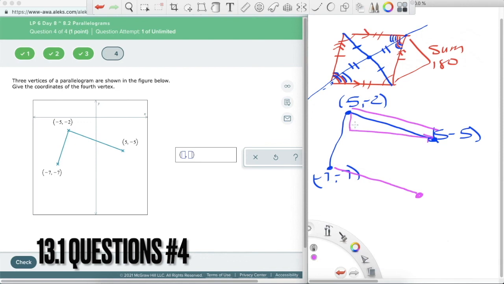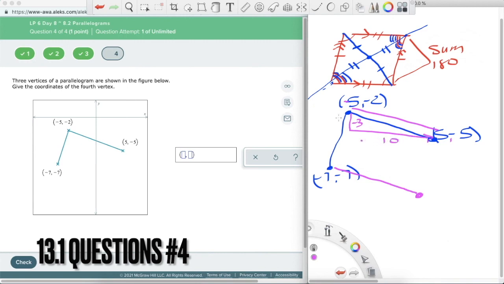For my y's, if I'm going -2 to -5, well, that means I dropped down 3. And then for x, if I'm going from -5 to 5, that means that I'm going +10. So I'm not going -10, I'm going +10, I'm going to the right.